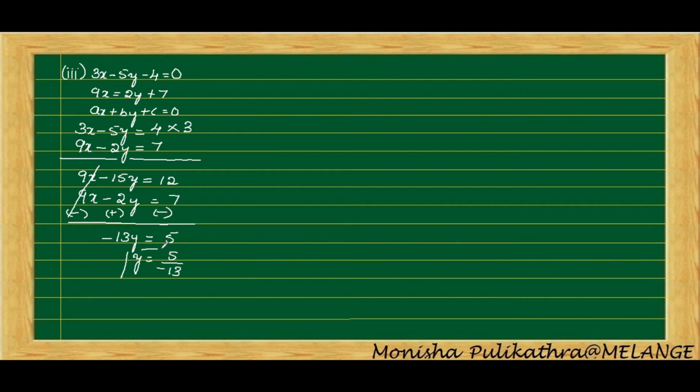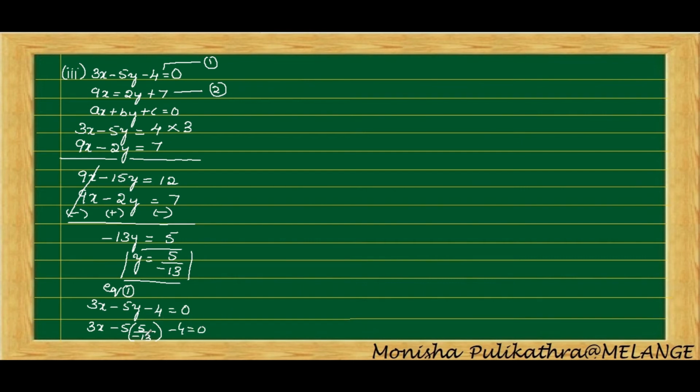Okay, so this is the value of y which we need to substitute either in equation 1 or in equation 2. Okay, so I will be taking equation 1 here, that is 3x minus 5y minus 4 is equal to 0. 3x minus 5, y value is 5 by minus 13, minus 4 is equal to 0.